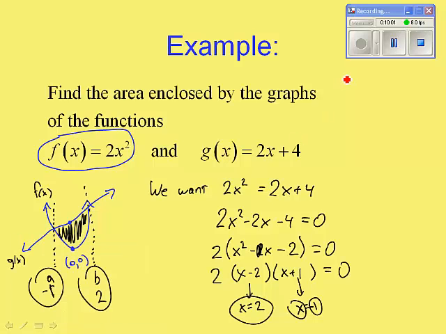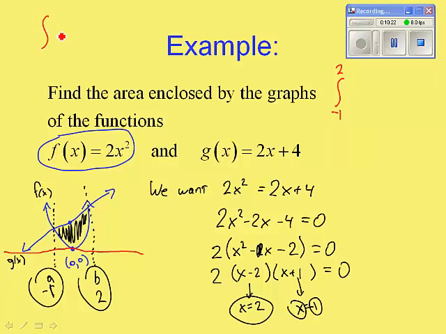So let's do the work in red. How about that? So we're going to integrate from what to what? -1 to 2. And then, if you think about what's happening, oh, okay, so I did it backwards here.